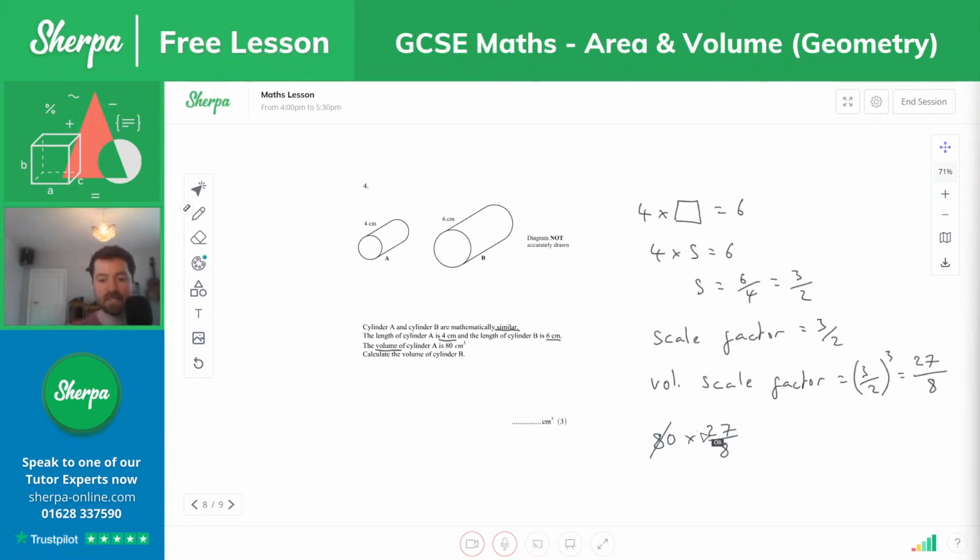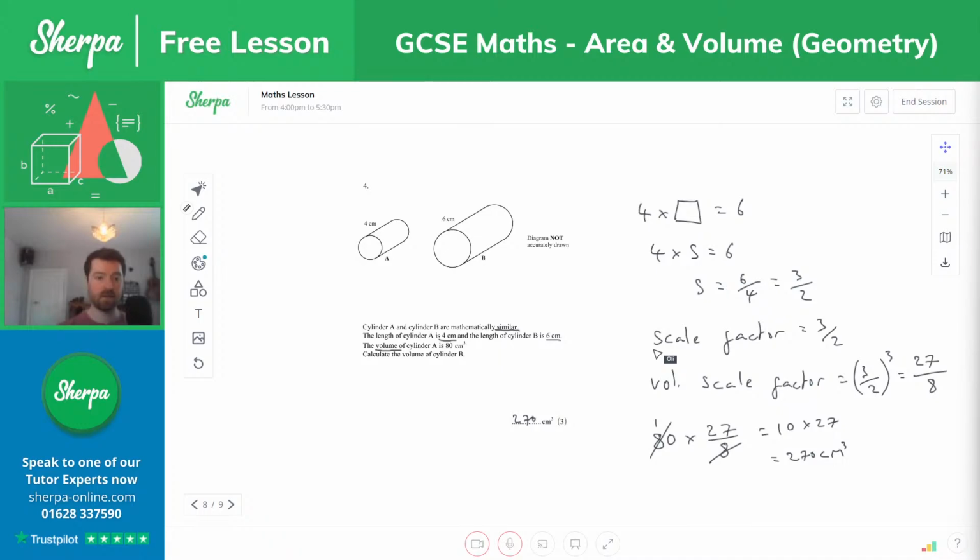So I know this 8 is going to cancel out with that 8, and that will just become a 1. So I end up doing 10 times 27, which gives me 270. And that's going to be centimeters cubed. So that is going to be my answer.